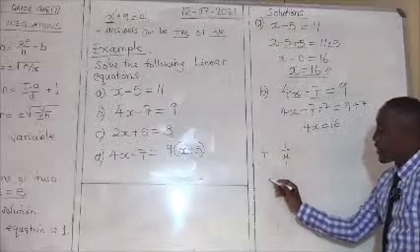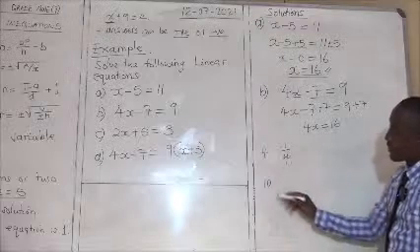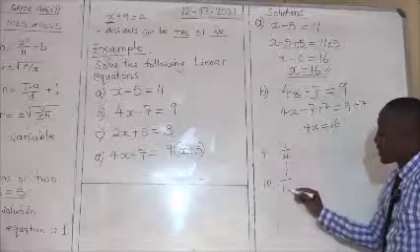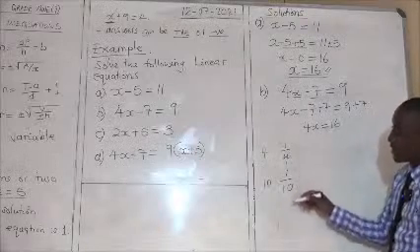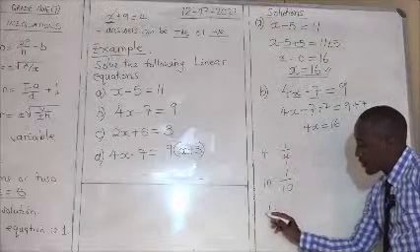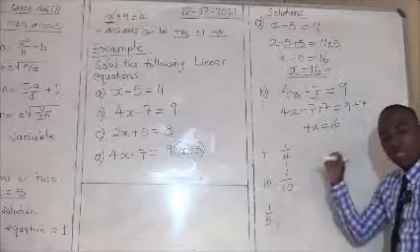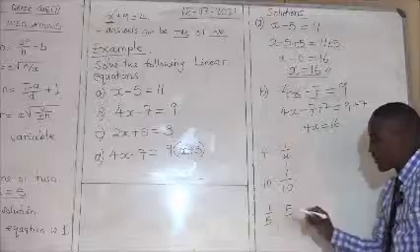Where you have maybe 10, the multiplicative inverse of 10 is 1 over 10. Where you have a fraction, for instance 1 over 5, the multiplicative inverse of 1 over 5 is just the whole number 5.